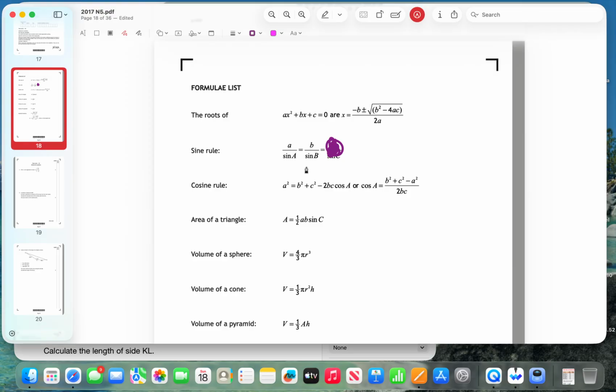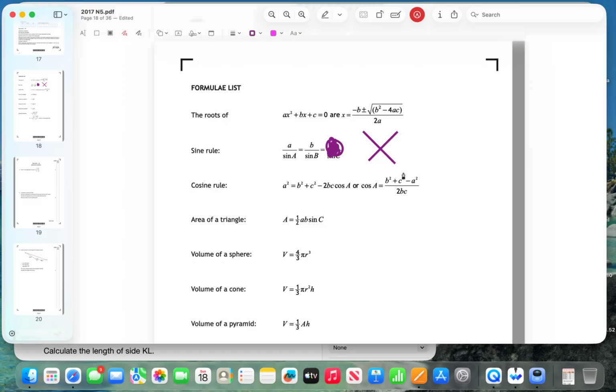So if you only know one angle, but you've got two sides and you want to find a third side, the sine rule isn't going to work because you're not dealing with pairs of sides and angles. So it cannot be the sine rule in this question.